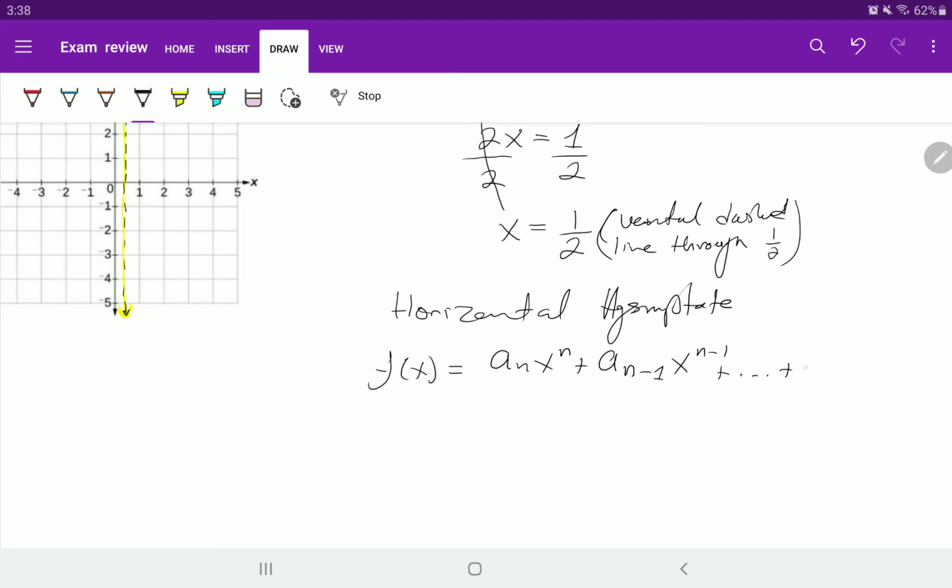I'm going to shorten it down just a little bit. If you're taking pre-calc or calculus, try to get this into your head.